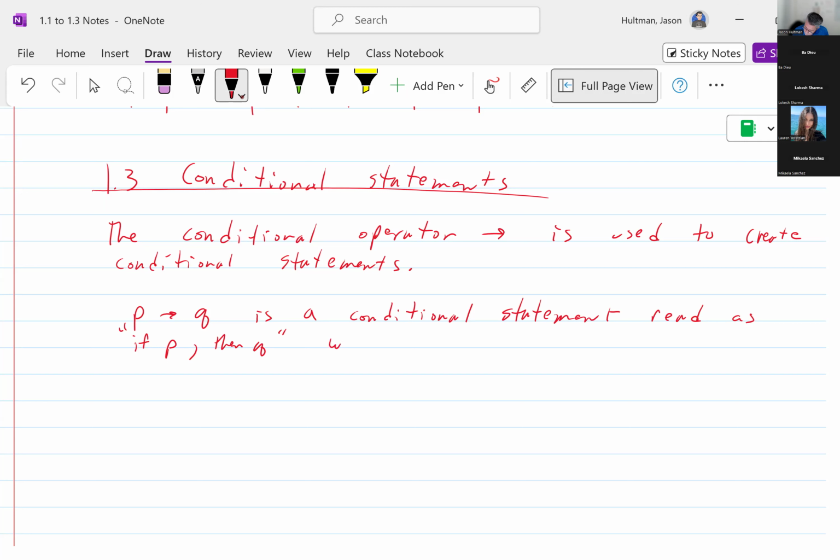Where P is called the hypothesis and Q is called the conclusion.